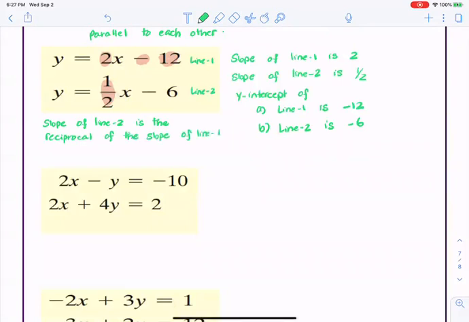Yet at the same time, we cannot conclude that the lines are perpendicular to each other, because for them to be perpendicular to each other, the slope of line 2 must be the negative reciprocal of the slope of line 1. So the two lines are neither parallel nor perpendicular to each other.